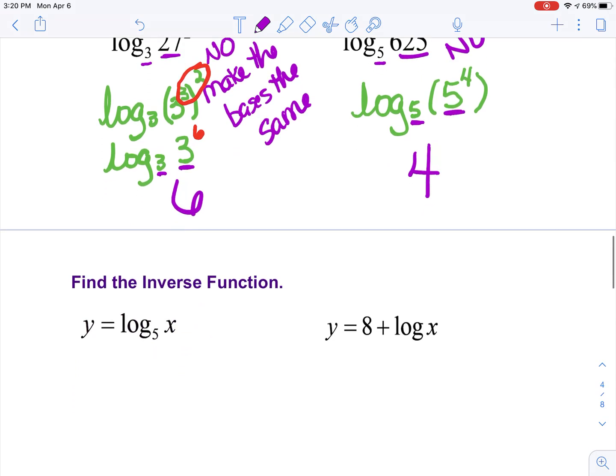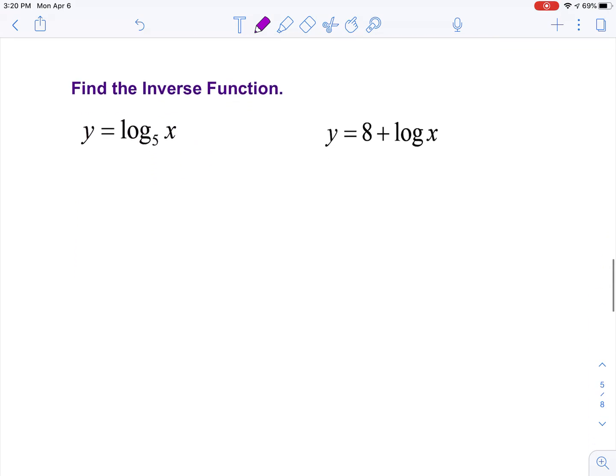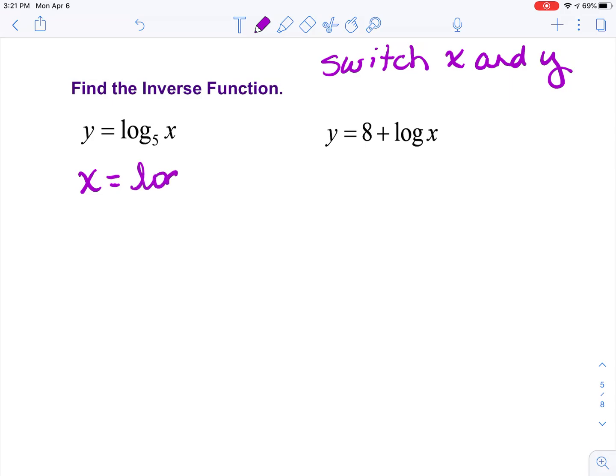Good. All right. So next, we are going to find the inverse functions. Remember, the first thing to find the inverse of a function, we have to switch the x and the y. Switch the x and the y. So the first thing we're going to do is make it x equals log base 5 of y.